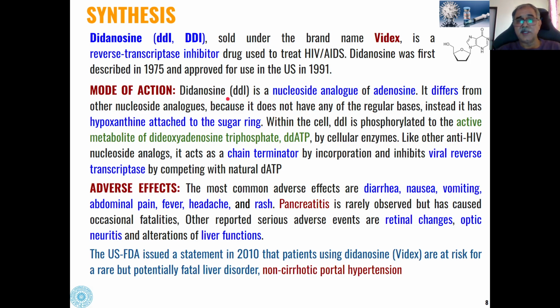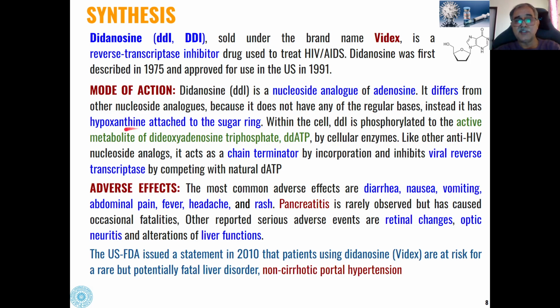This didanosine is a nucleoside analog of adenosine, and it differs from other nucleoside analogs because it does not have any of the regular bases which are present in the nucleosides.